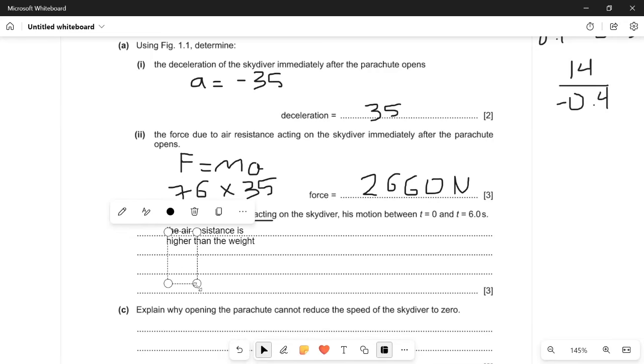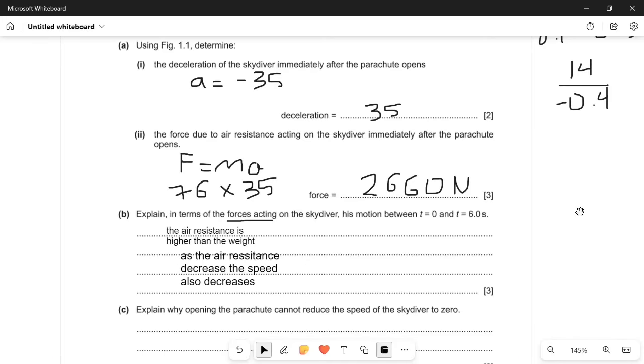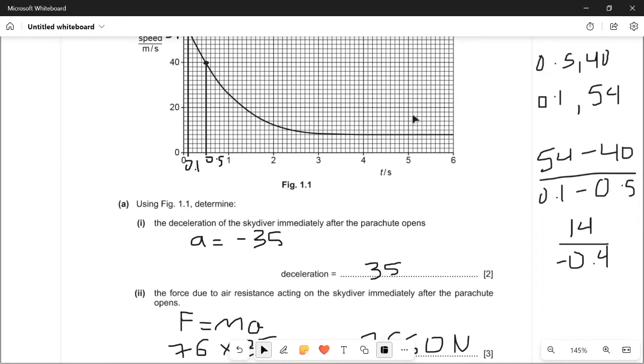So the second point could be, as the air resistance decreases, the speed also decreases. And then for the last one, the last section of the graph is a straight horizontal line.